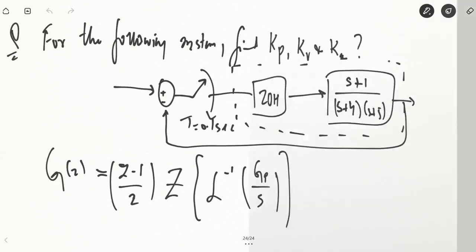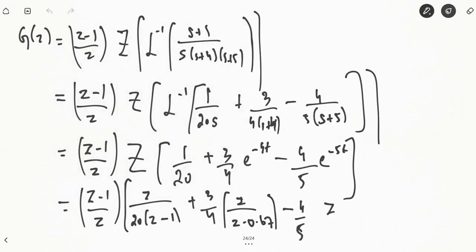The Z transform of e raised to minus 4t will be z divided by (z minus e raised to minus 4T). Substituting the value of capital T, you get z divided by (z minus 0.67), and similarly z divided by (z minus 0.61). Fine. So this is your G(z).